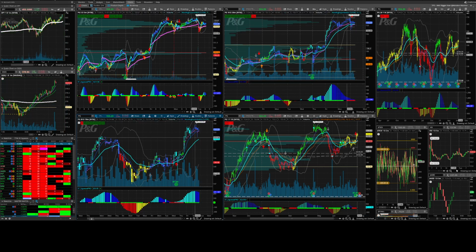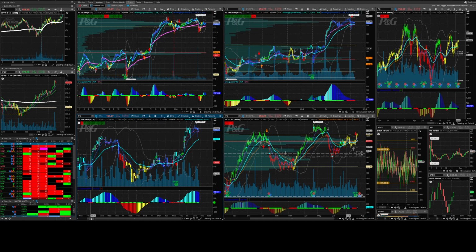So to start off, as you may know, I have a 30-minute TTM squeeze scan set up in the left-hand lower side of my charts here. You can see it with all these squeeze boxes.